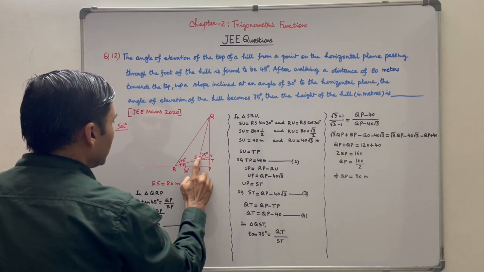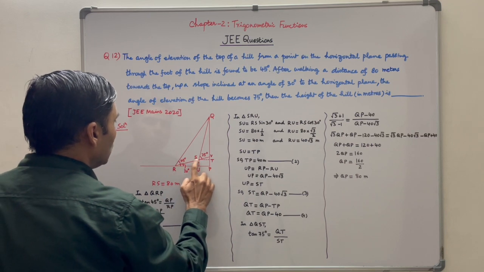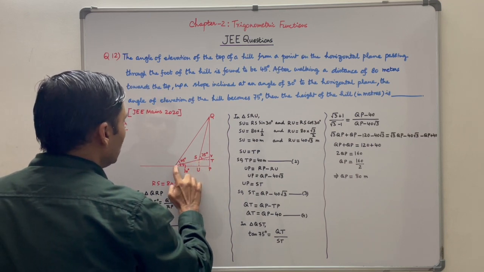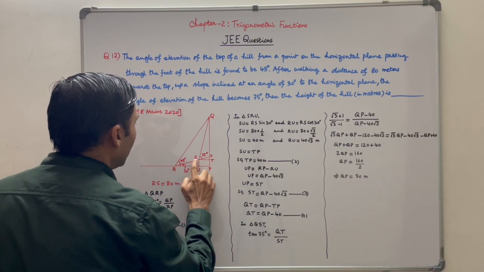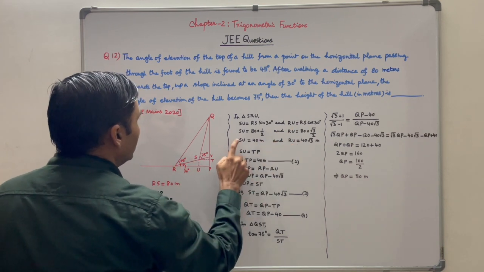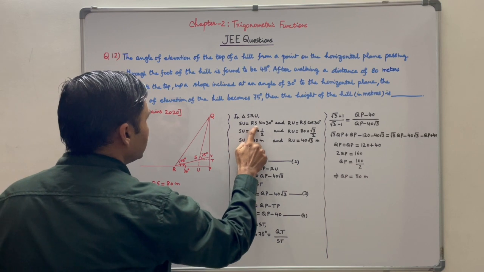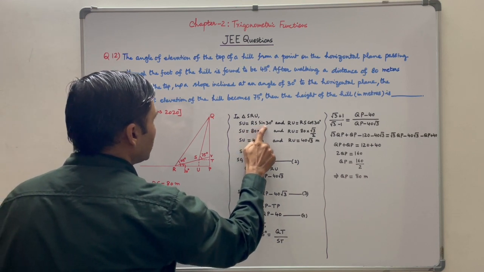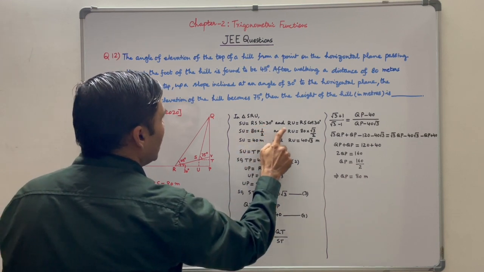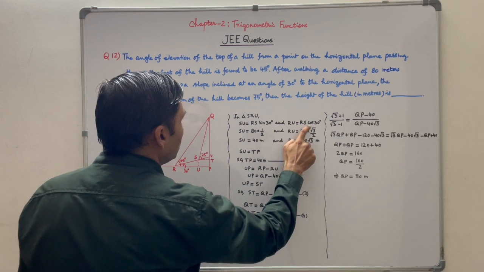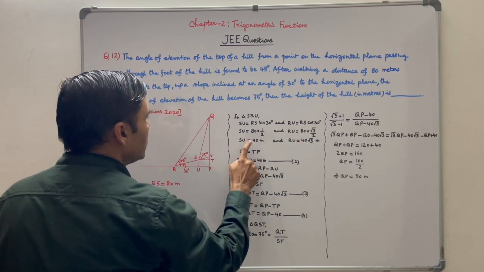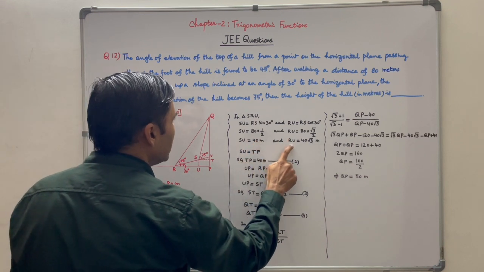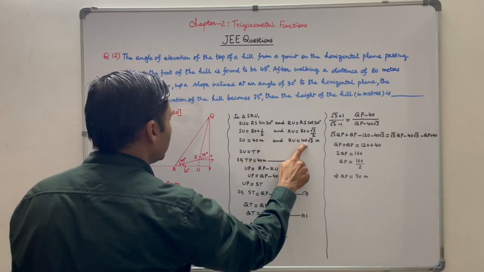In right angle triangle SRU, SU is equal to RS sin 30 and RU is equal to RS cos 30. RS is given as 80, value of sin 30 is 1 by 2, and value of cos 30 is root 3 by 2. So SU is equal to 40 meter and RU is equal to 40 root 3 meter.